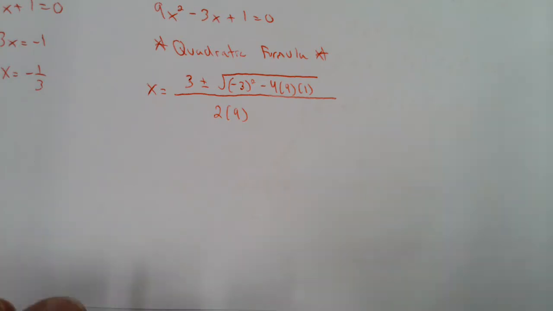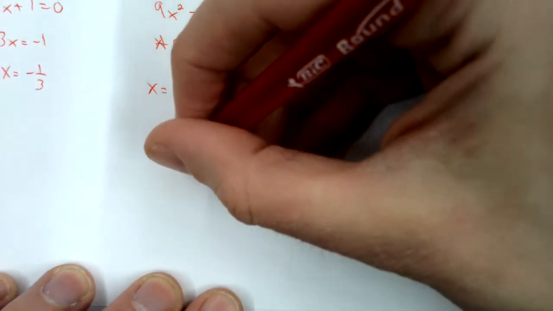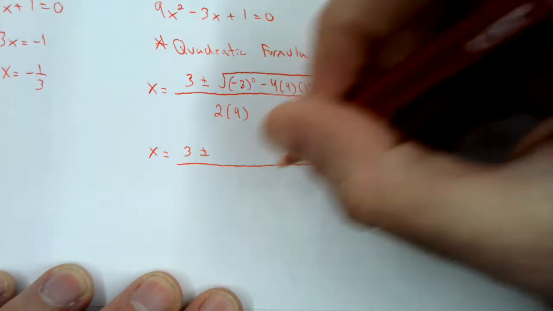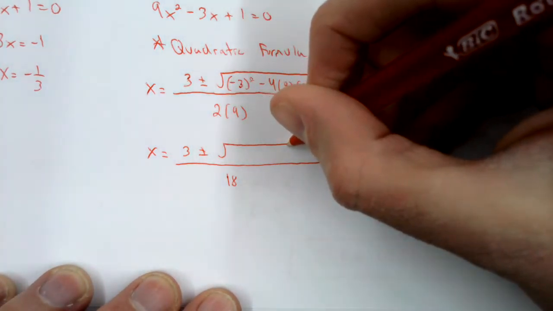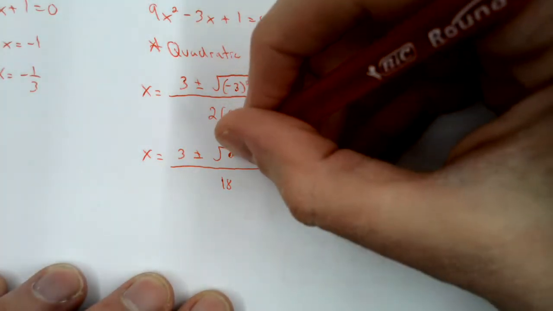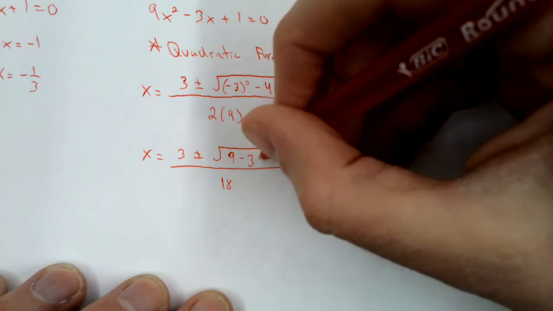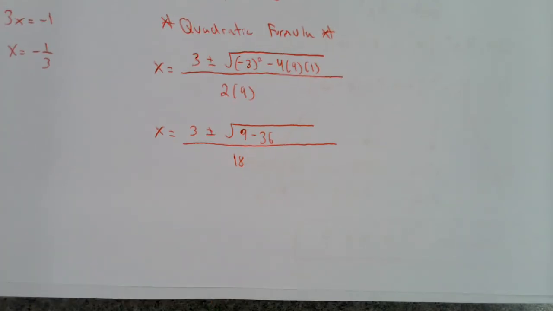All right, let's keep simplifying. X equals 3. We've done this a lot in the past. We've done all different types, remember. Negative 3 squared is 9 minus 36. So we've done this already in Unit 3. 9 minus 36 is negative 27.